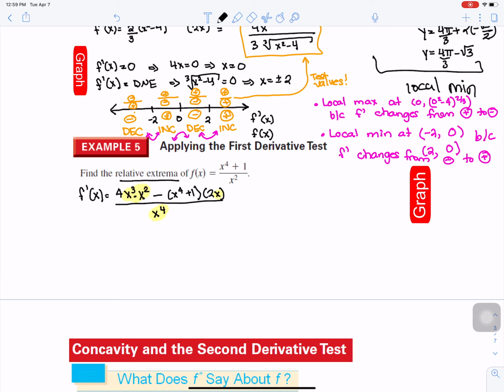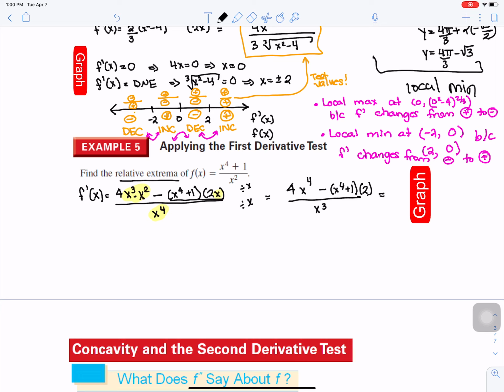So I'm going to divide top and bottom by x, which means I'm going to get 4x to the 4th minus x to the 4th plus 1 times 2, because that other x will cancel. All of this stuff is part of one term, and my bottom will be x cubed. And now I'm just going to simplify this up.